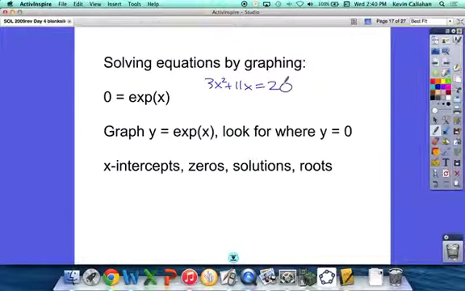Well, we would need to get everything on one side, 0 on the other. So in this case, it would be 0 equals 3x squared plus 11x minus 20. And then we would graph y equals that expression.